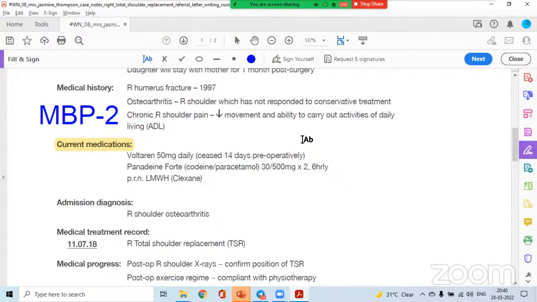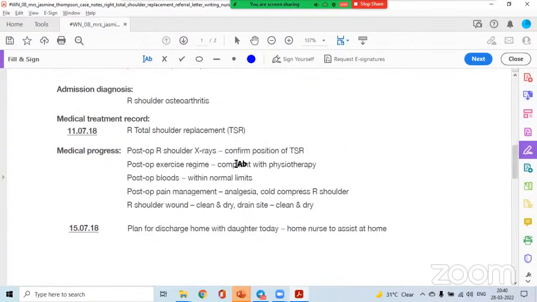Now this is Panadine Forte. For what purpose? You should remember why anybody takes Panadine Forte.